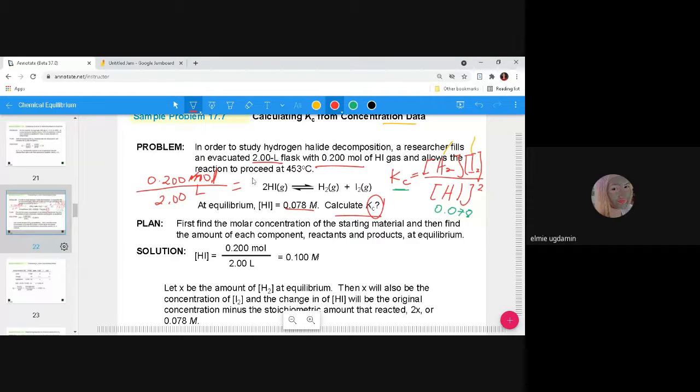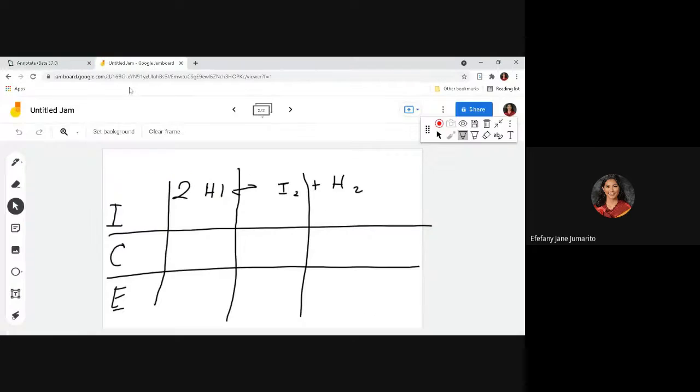So the answer is 0.100 molar. We will write 0.100 molar as the initial concentration. Again, what is the change? When we say the change, it's more on the coefficient.